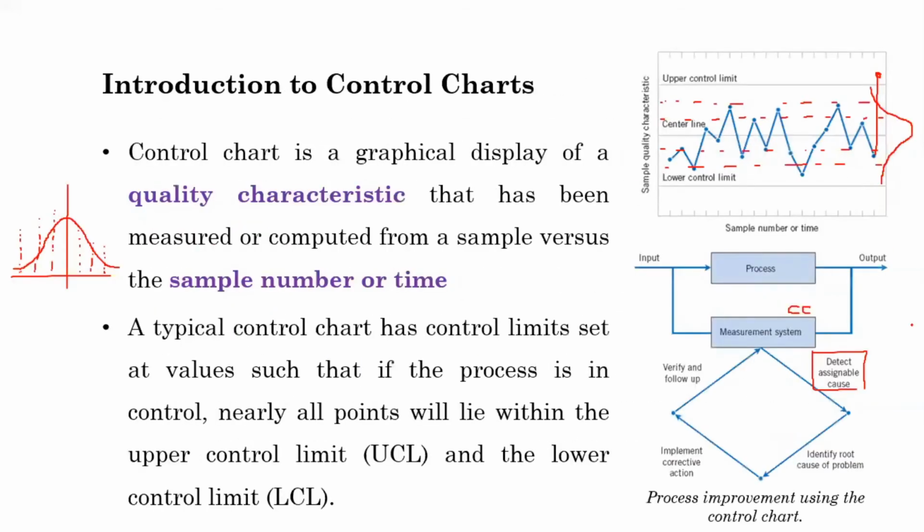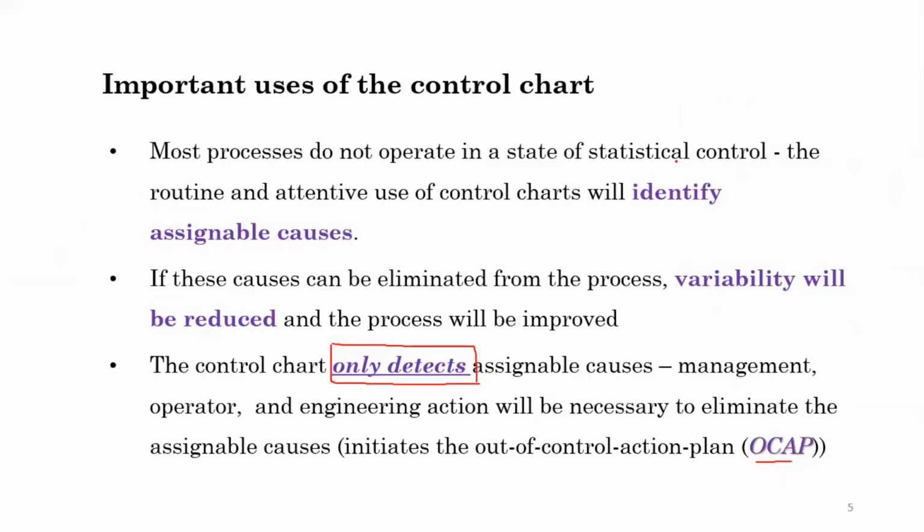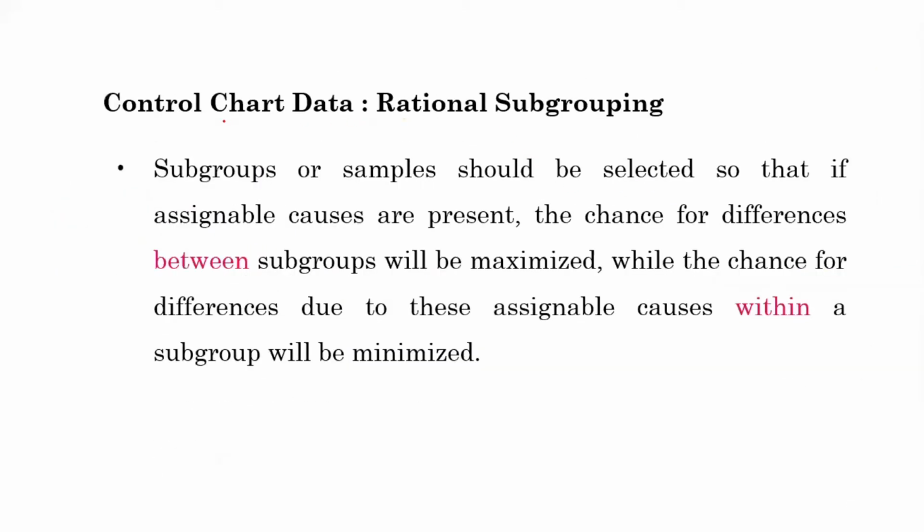So as I said previously, each of these data points in the graph is extracted from a sample. That is known as a subgroup or sample. So rational subgrouping is very, very important. Now, what we mean by this is that, for example, you have sample 1, sample 2, sample 3, and so on, or you could also call them subgroups.